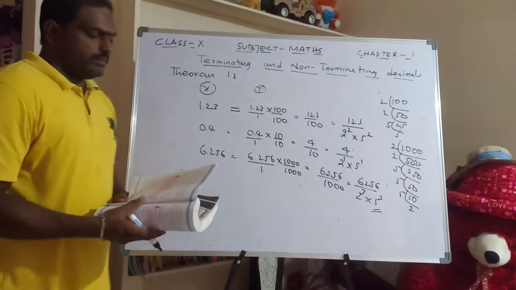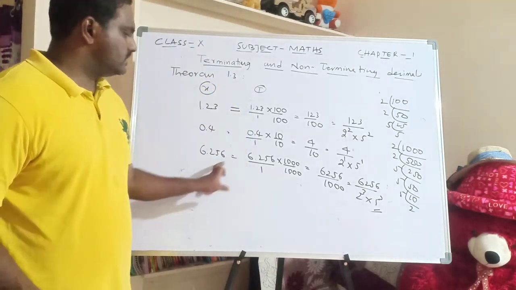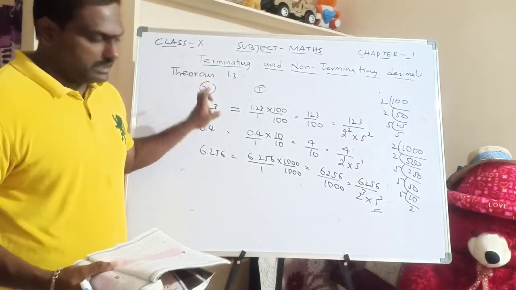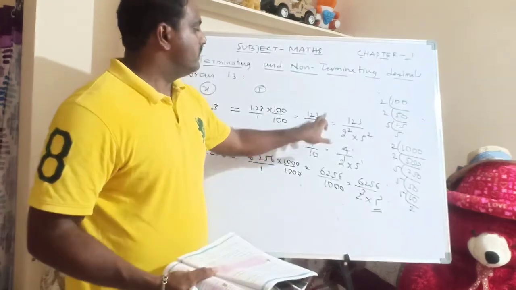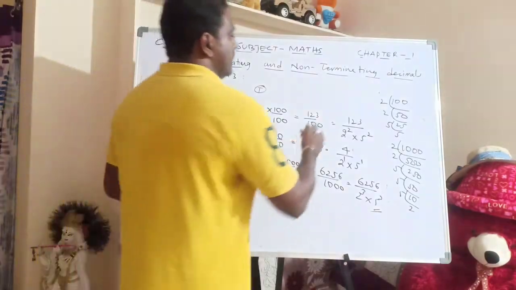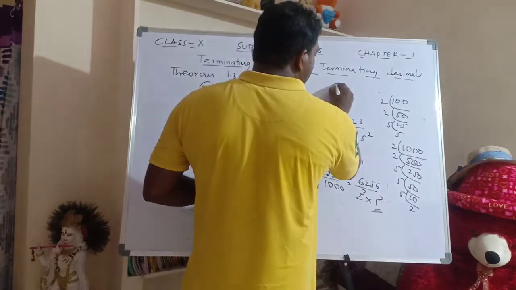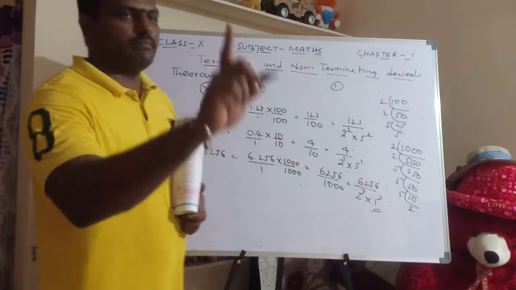So what theorem 1.3 shows is that if x is a rational number whose decimal expansion terminates, then x can be expressed in the form of p by q, where p and q are co-primes. What I mean by co-prime is any two numbers having only the common factor 1.